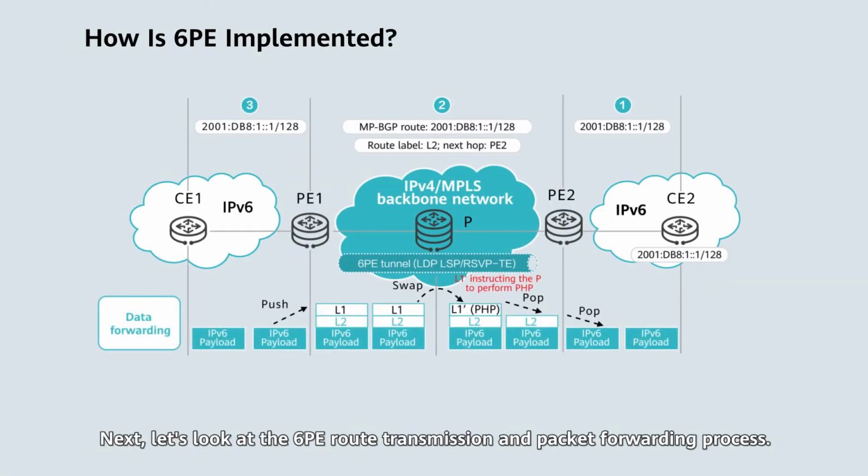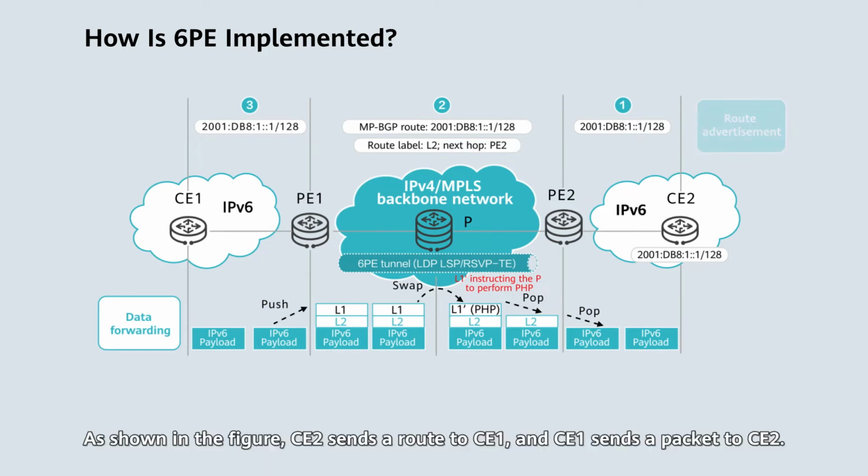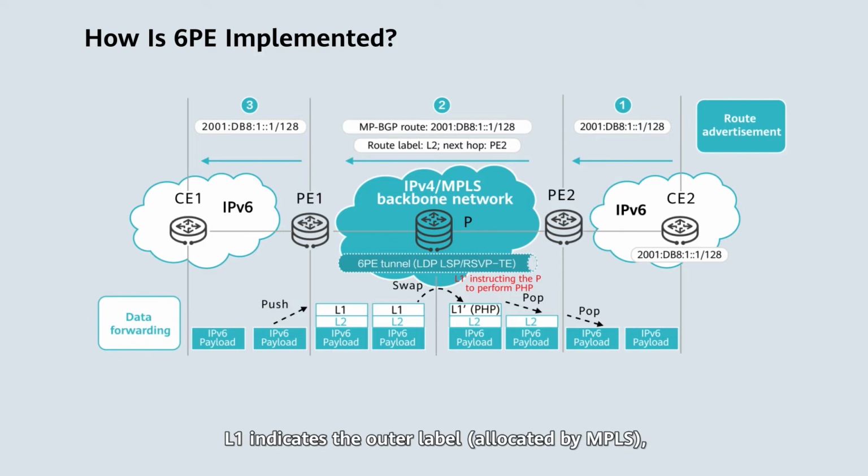Next, let's look at the 6PE route transmission and packet forwarding process. As shown in the figure, CE2 sends a route to CE1, and CE1 sends a packet to CE2. L1 indicates the outer label allocated by MPLS, and L2 indicates the inner label allocated by BGP.